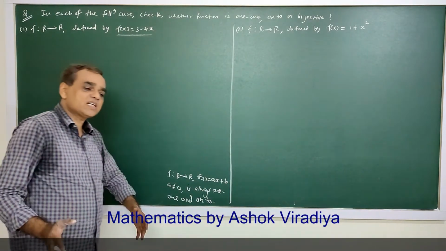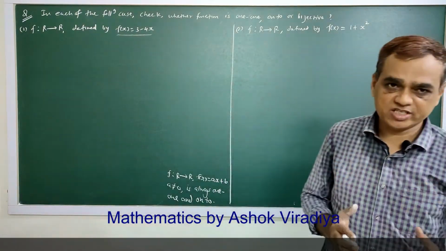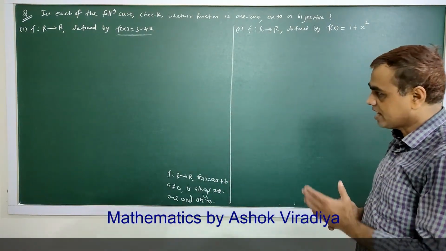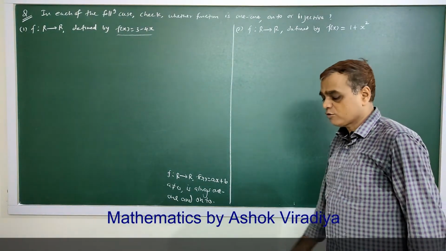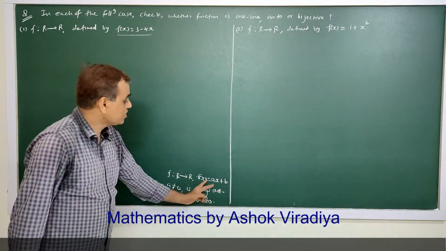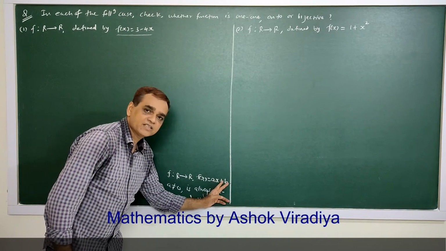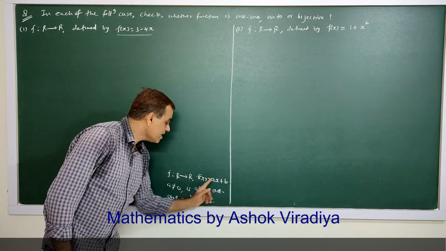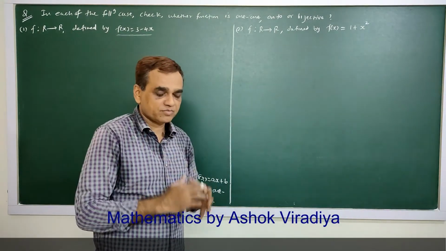So if you are asked a multiple choice type question, and you are given R to R, ax + b, then such functions are always 1-1 functions. So ax + b means 3x + 4, 4x + 5, 6x - 8. a and b are any real, a is non-zero. So all such functions are 1-1 and onto.